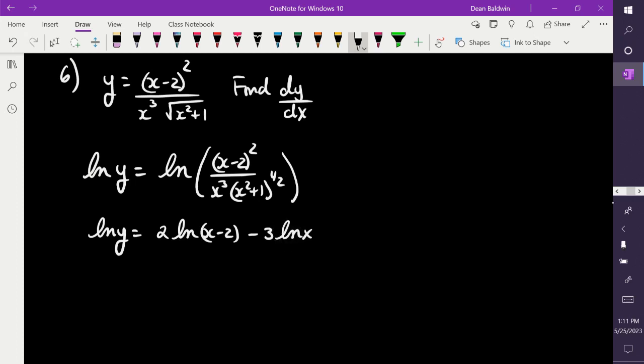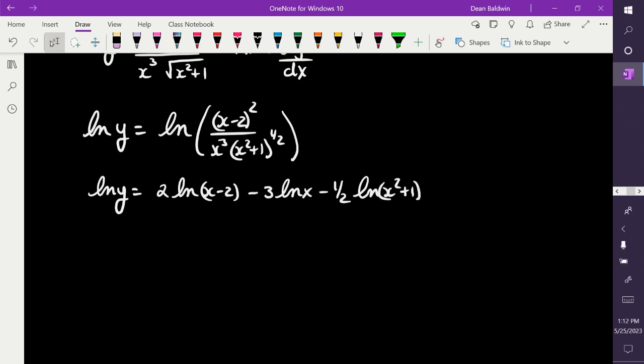A lot of my other grade 12s don't drop the exponents, and it makes it more complicated than it needs to be. Bring the exponents down. Does everybody understand what I did? Okay. We all good here?